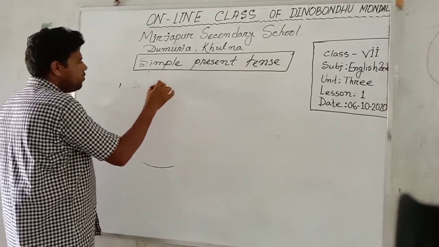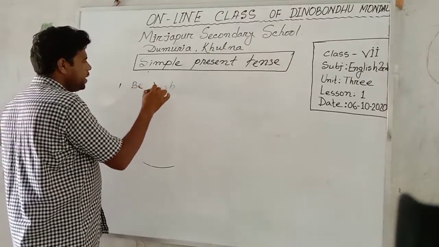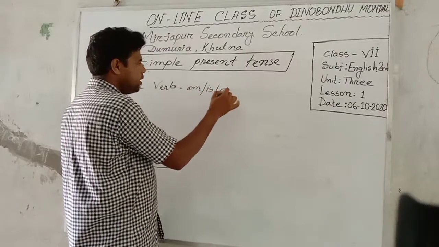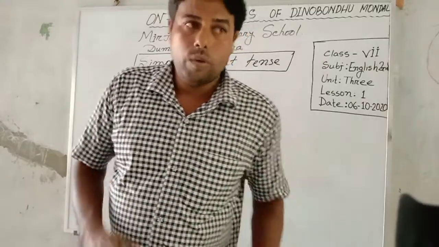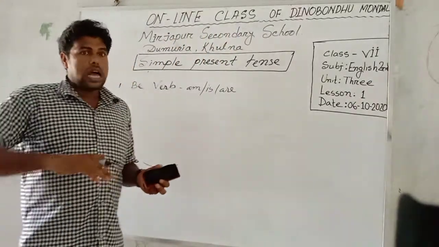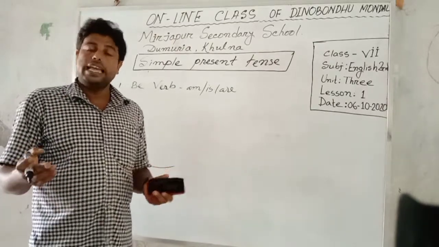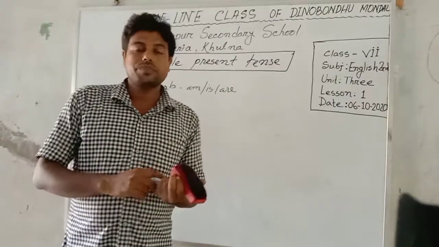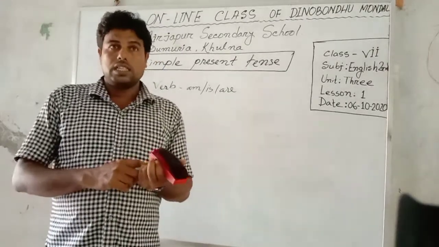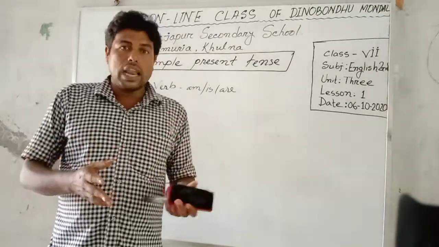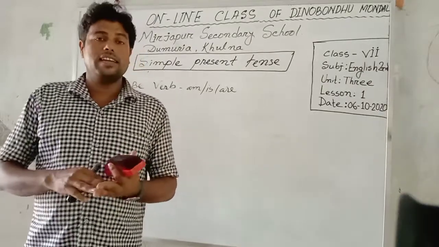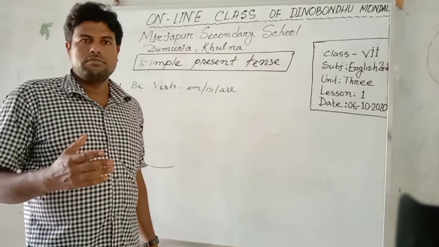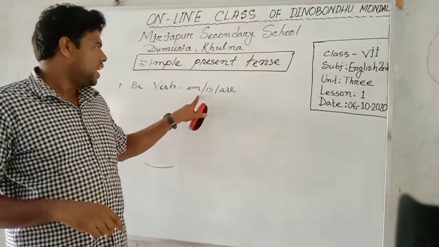Be verb. That means am, is, are. We use be verbs when other action or modal verbs are absent, and these verbs express something like quality or someone's profession, etc. When we express someone's quality, then we use is or are.